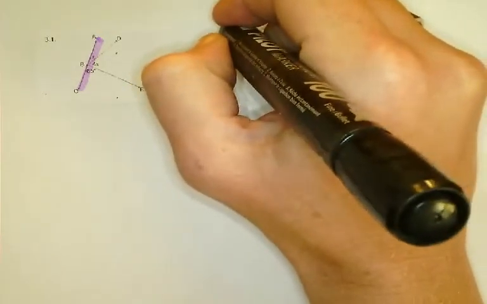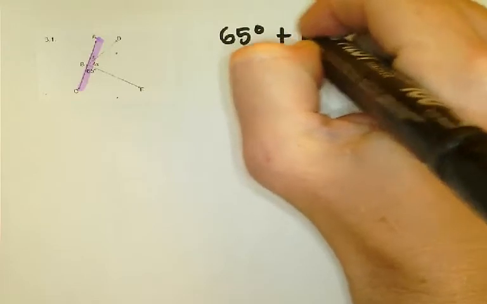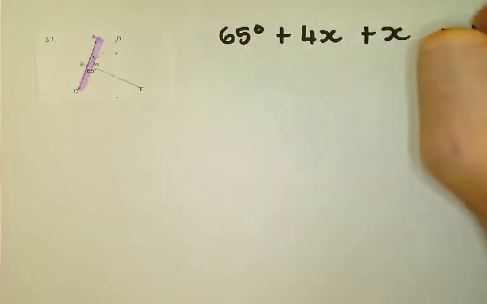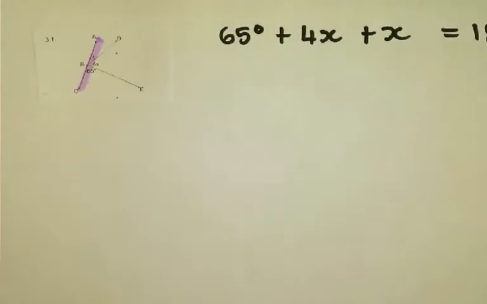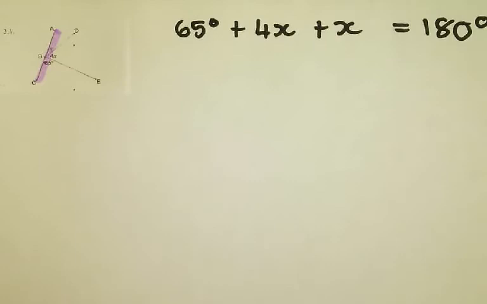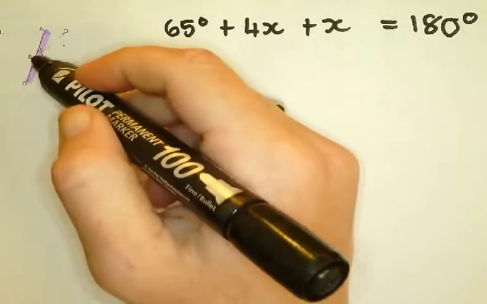So I'm going to start by saying 65 degrees plus 4x plus x is equal to 180. Now I can't just make the statement, I have to give a reason. And my reason here is this highlighted line here.